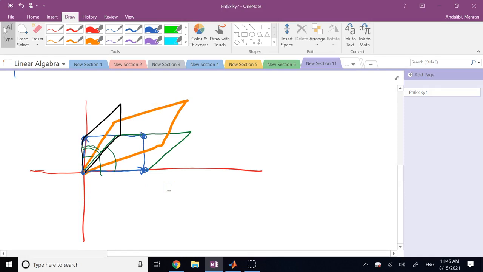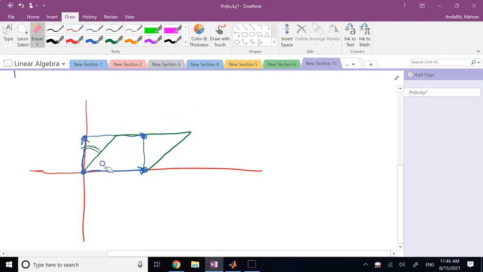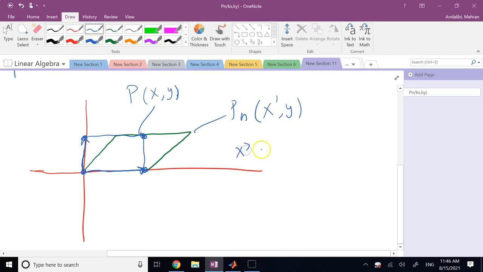But how do I do shear? If I look at this case in green, shear with respect to the x-axis, the point that was here, point x and y, now it is changed to a point x prime and y, where x prime is bigger than x.